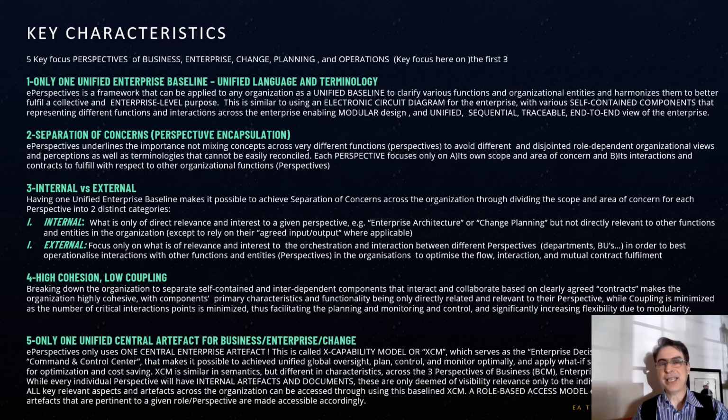So we talked about the key characteristics of the framework: it's one unified baseline, one unified circuit diagram for everything we do. We separate concerns. We have perspective-based encapsulation. What you do in your perspective, don't bother others with it, except what you need to provide that goes as an input to them, which is the XCM. And the separation of concerns also is we can refer to the internal versus external principle we have.